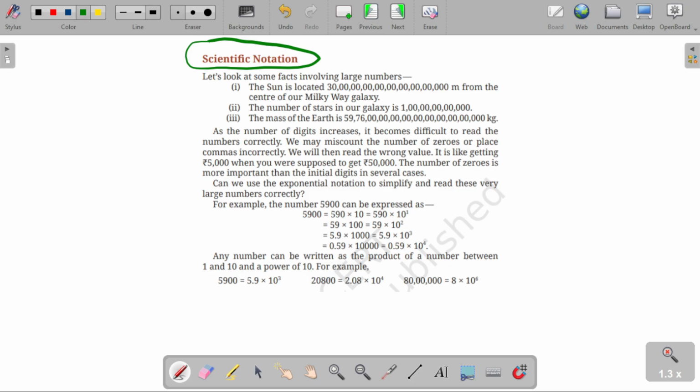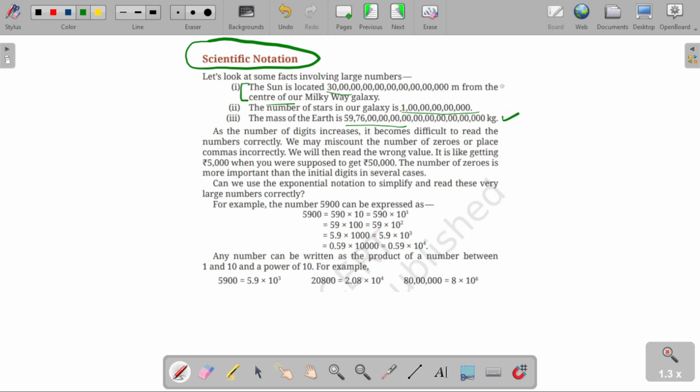Let's see what they want to say now. They are just concerned about one thing. If we have larger numbers, like the distance of the Sun from the center of the galaxy in meters, the number of stars in the galaxy, and the mass of the Earth in kgs, right?